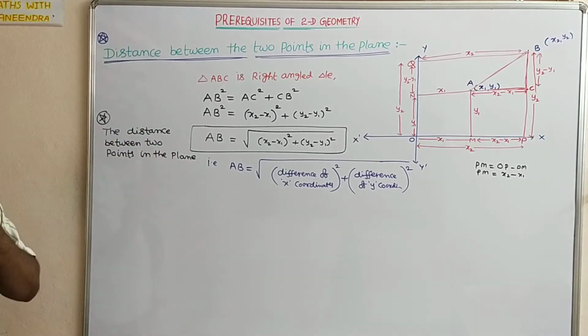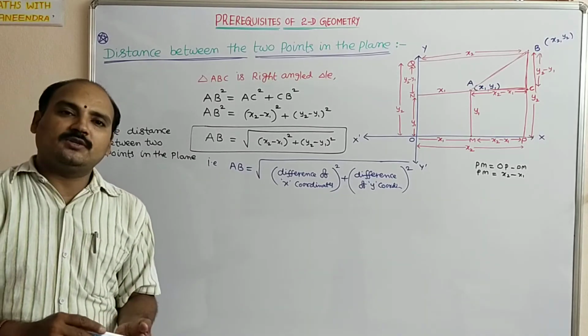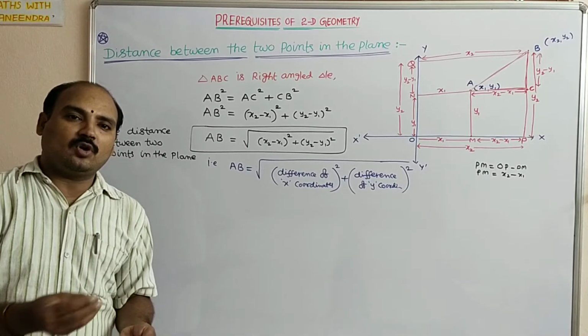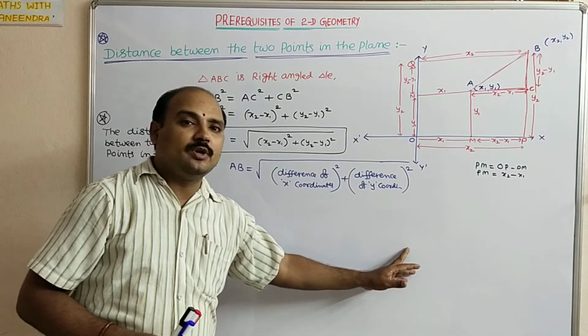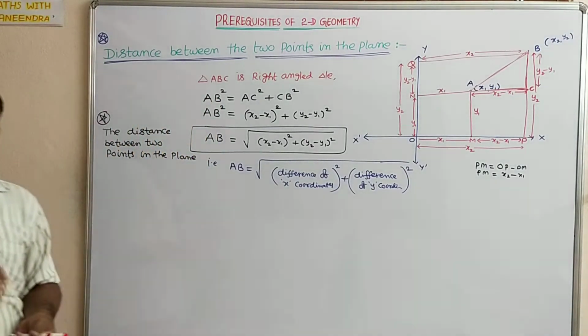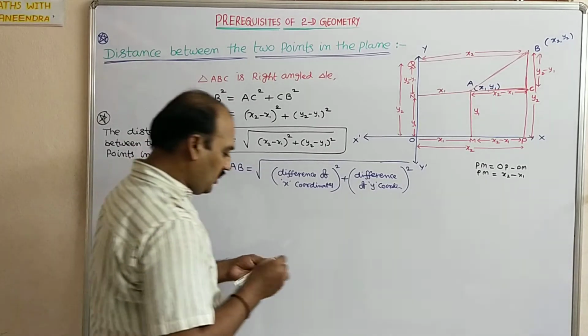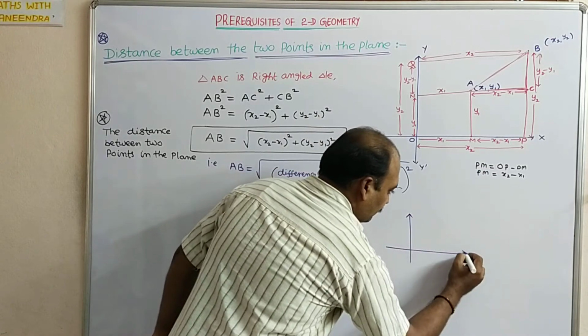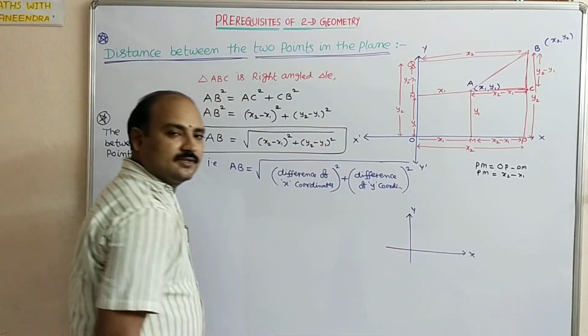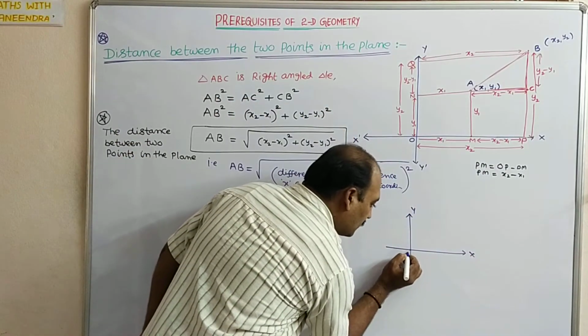After knowing the distance between 2 points, one important corollary is there: the distance from any point in the plane to the origin. See here how it will be. X-axis, y-axis. This is the origin.